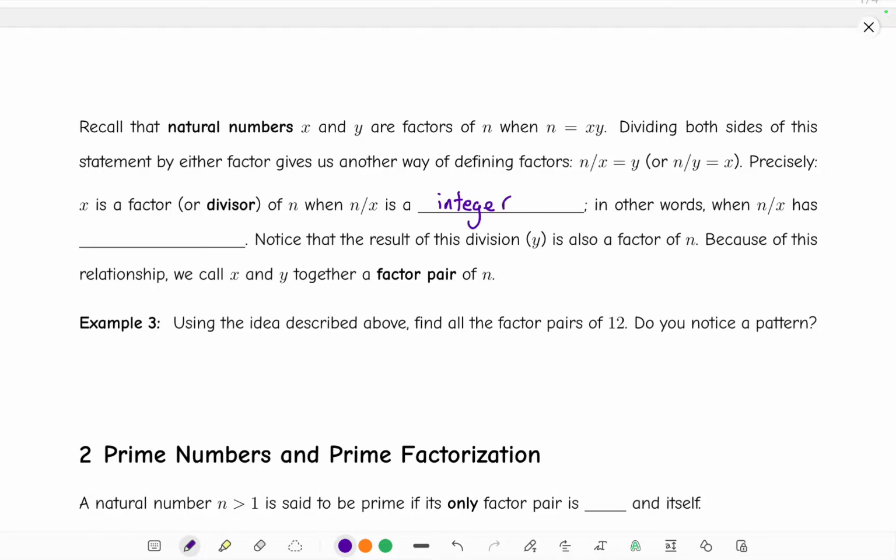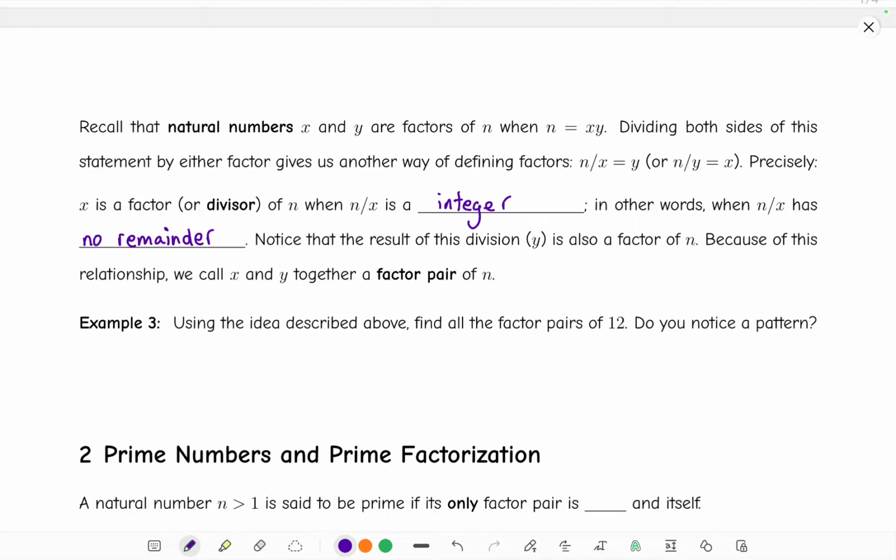In other words, when n divided by x has no remainder. Notice that the result of this division, y, is also a factor of n. Because of this relationship, we call x and y together a factor pair of n.